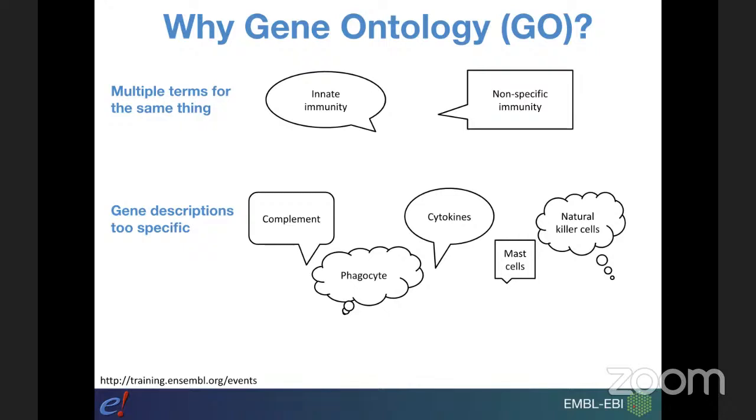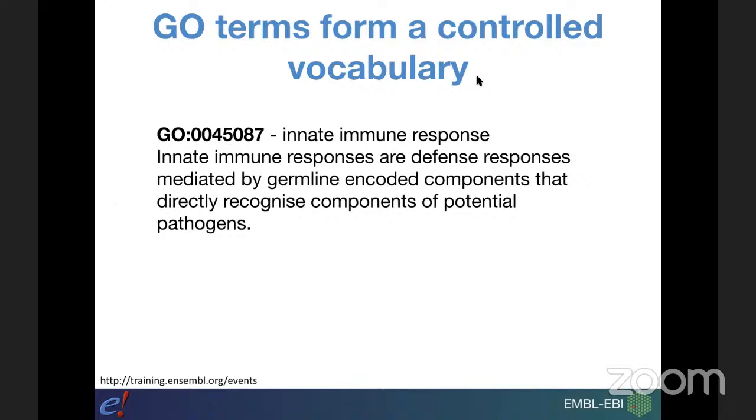This is why the scientific community came up with gene ontology terms, which is basically standardized language that is easily searchable. It is controlled, to talk about gene function and make sure that we're all talking about the same thing. All of these terms also have accession numbers, a name, a type, and a definition that you can find on Ensembl pages. I will show you how you can get this information when I move on to the demonstration.